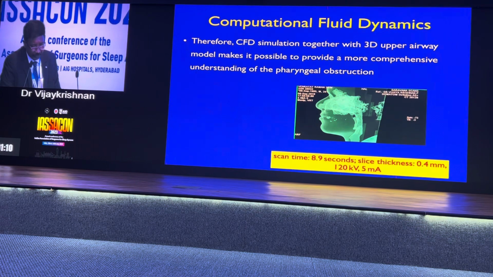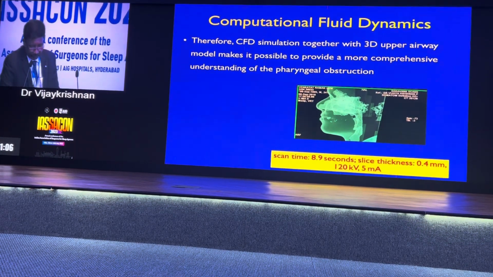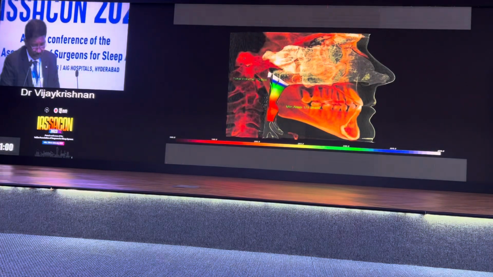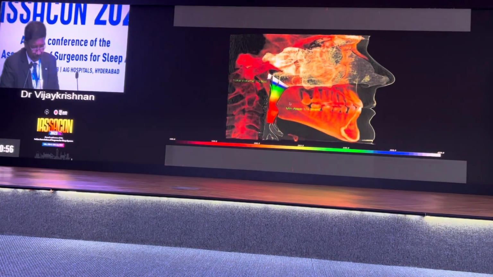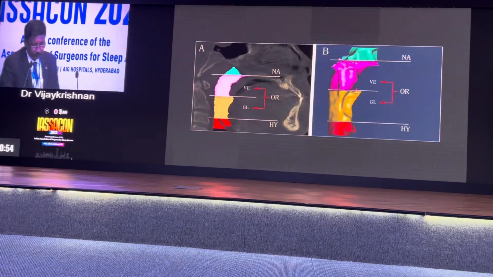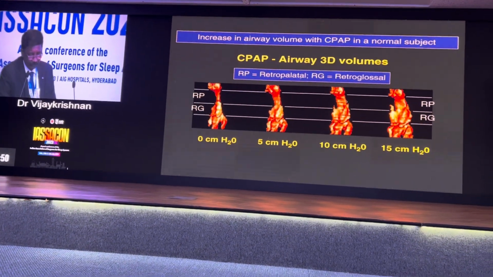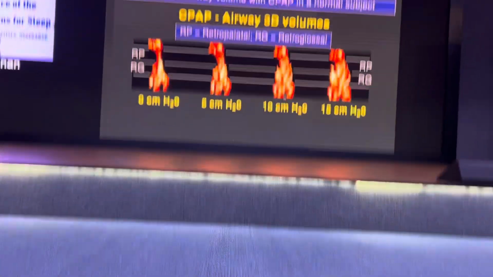Here you can see, together with 3D upper airway image models, we are able to provide a more comprehensive understanding of the pharyngeal obstruction. These are the pressure points marked in red and orange. When we use it along with CPAP, we are able to understand how much maximum pressure is needed to open up the airway.